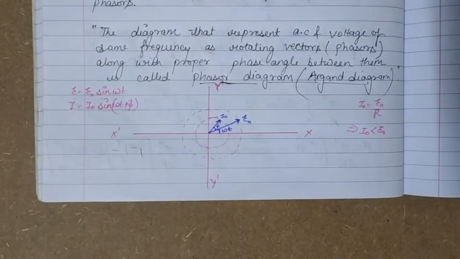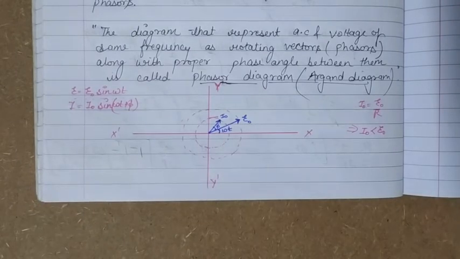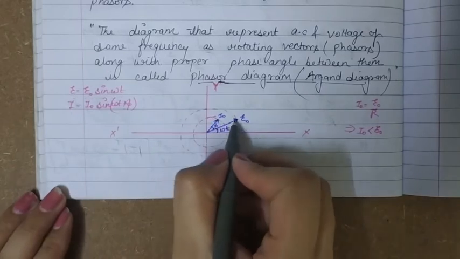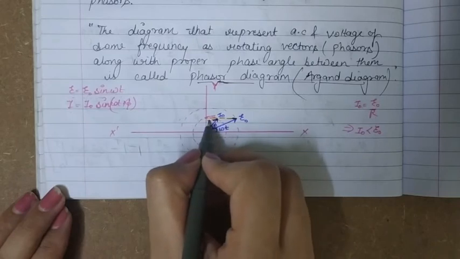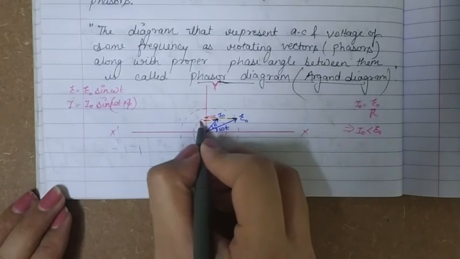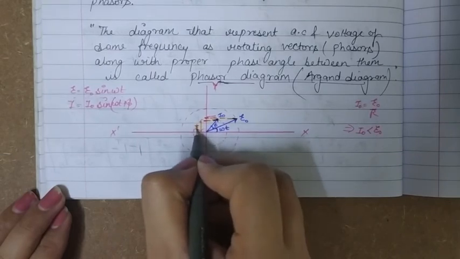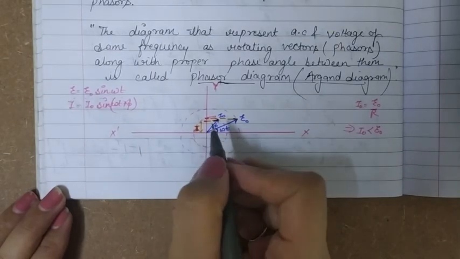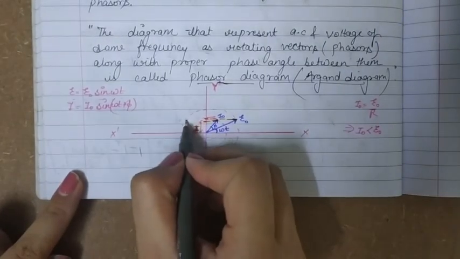Now this line shows the magnitude or the amplitude, that is the maximum value of the quantity, but we also talk about its projection. If we see the projection of these quantities on the fixed axis, this is their projection. This is for epsilon, this is for current, the smaller one for current, and this one is for epsilon.